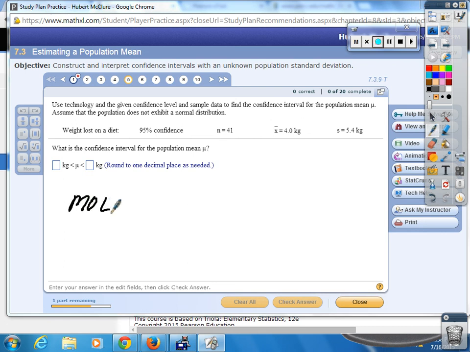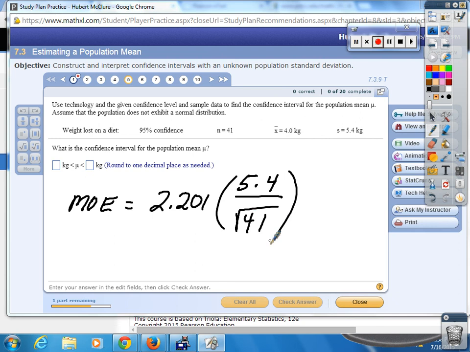So the margin of error is equal to 2.201 multiplied by the standard deviation, 5.4, over the square root of 41. Just tell me what the square root of 41 is. 6.40. All right, and somebody give me the margin of error.